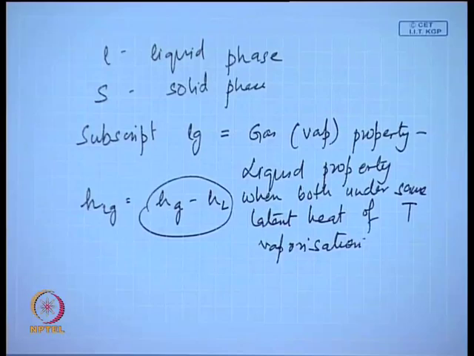Now, if we take up say single phase flow, what do we find? For single phase flow, what is the single most important parameter which you measure whenever you have to quantify single phase flow?